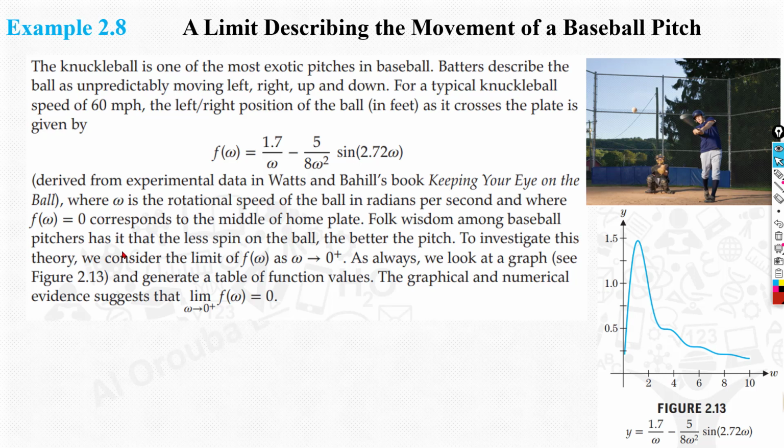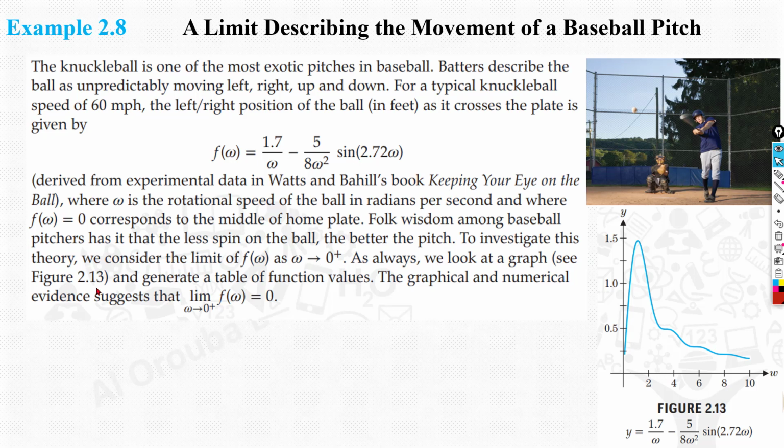Folk wisdom among baseball pitchers has it that the less spin on the ball, the better the pitch. The less spin, the better the pitch. To investigate this theory, we consider the limit of the function of omega, as omega approaches 0 from the right side, the one-sided limit from the positive side.